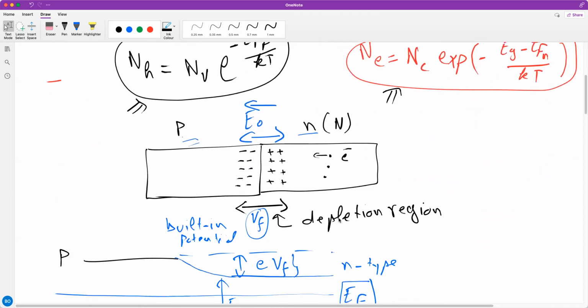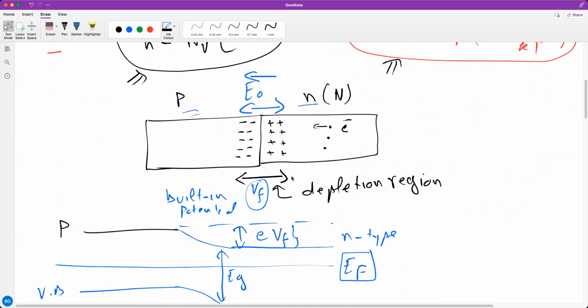And when we put the P and N junction close to each other, obviously the electrons will migrate into the P type and the holes will migrate to the N type, and this will create an apparent potential difference and an apparent electric field.